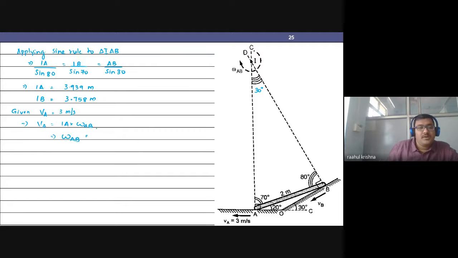We can get omega AB equal to 0.7616 radians per second, and the direction is clockwise, because my VA is towards left, so VB is also towards left. So the rotation omega AB about the instantaneous center will also be clockwise.